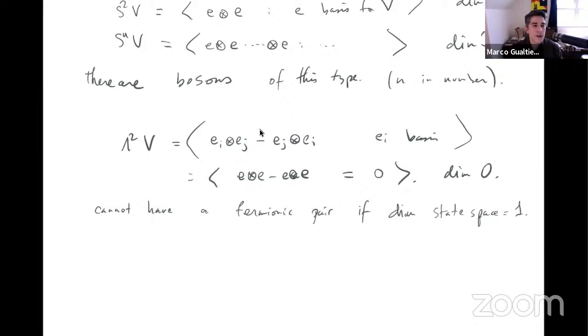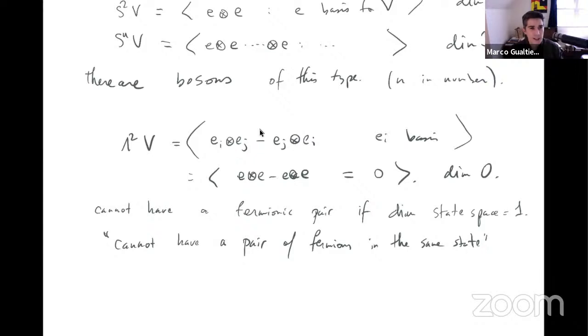So in other words, this is a kind of mathematical way of saying you cannot have two fermions in the same state. Okay, whereas you can have n bosons in the same state.